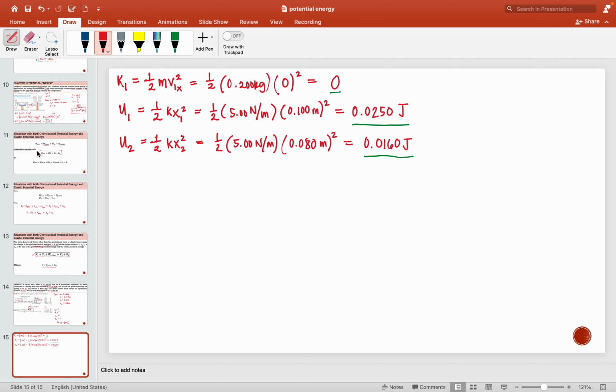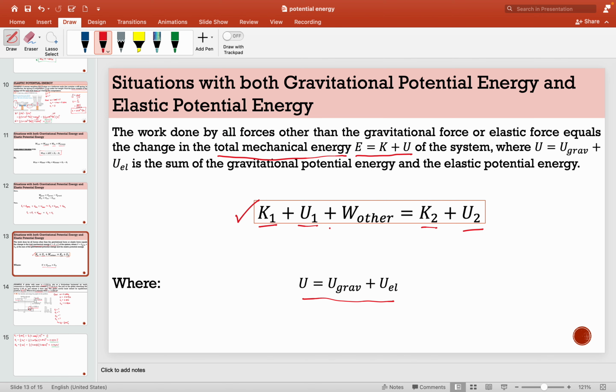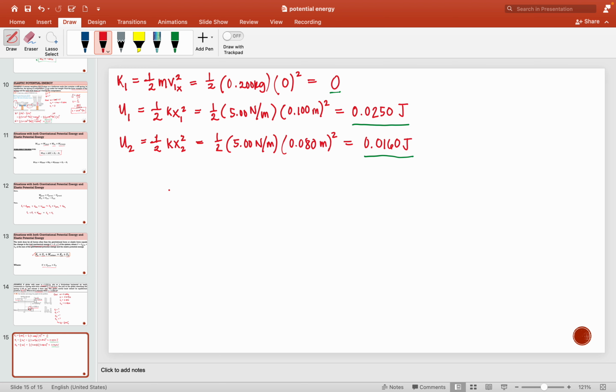Okay, so from this equation right here, we have this one. We will be using this one, but we have no other work, so other work done is 0. So we are left with K1 plus U sub 1 is equal to K2 plus U sub 2. So we will be using this equation.